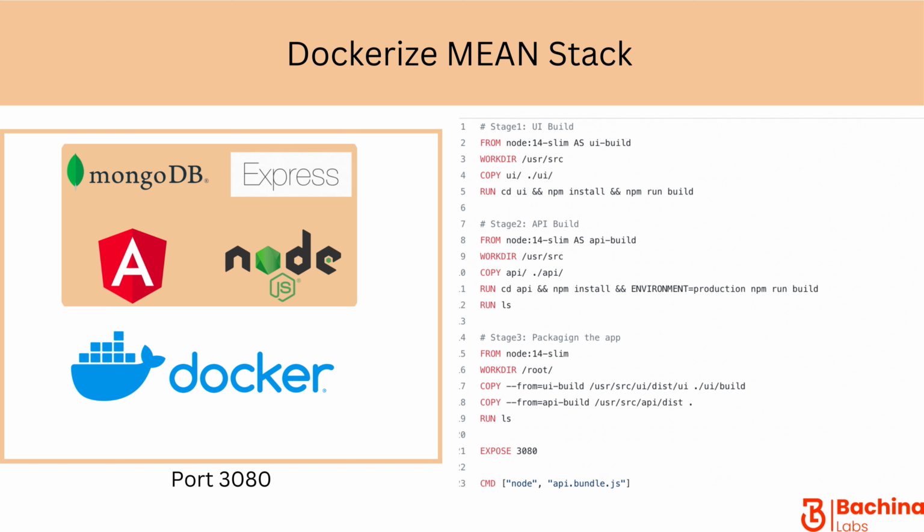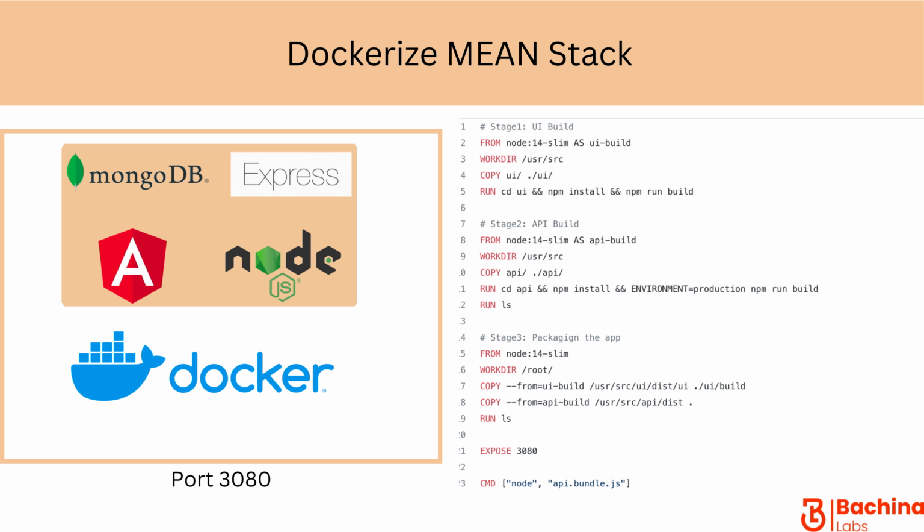But with multi-stage builds, you can reduce the attack surface, and you can reduce image size. That means faster startup when you deploy this image in the container. So finally, when you create a container out of this image, and this container runs on port 3000, you can access your whole full stack web application in the browser on port 3000.